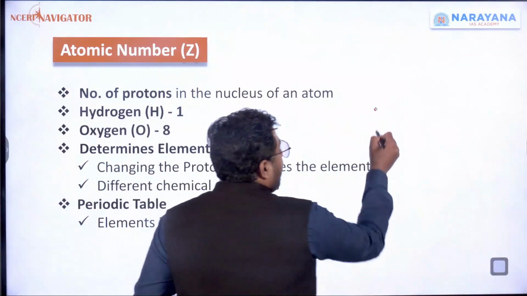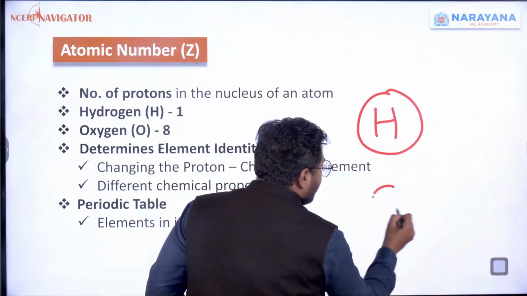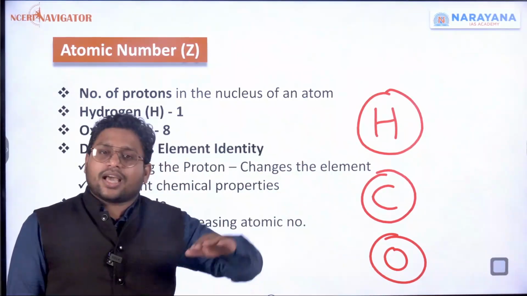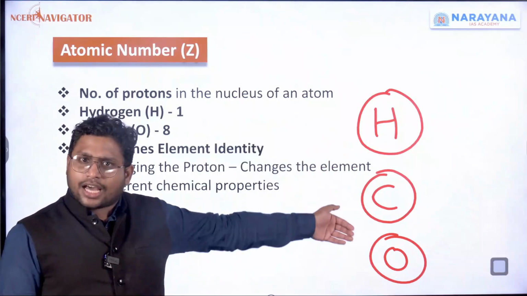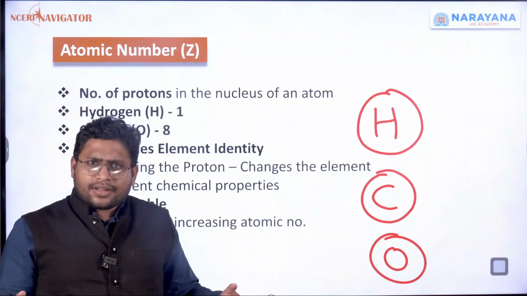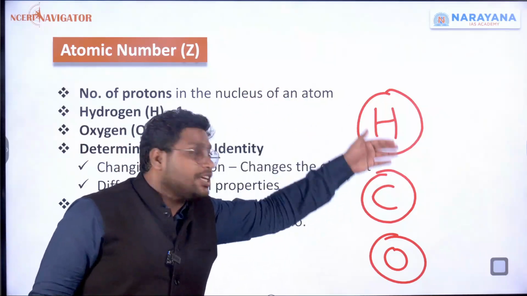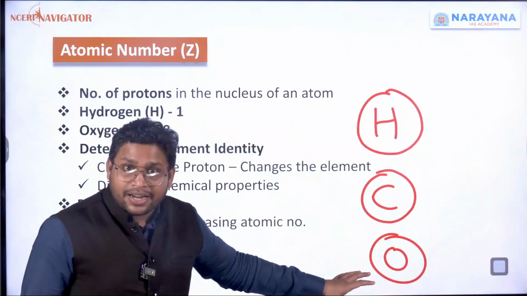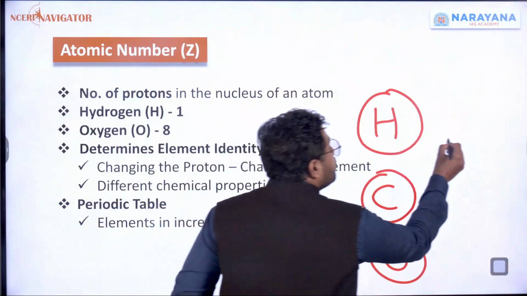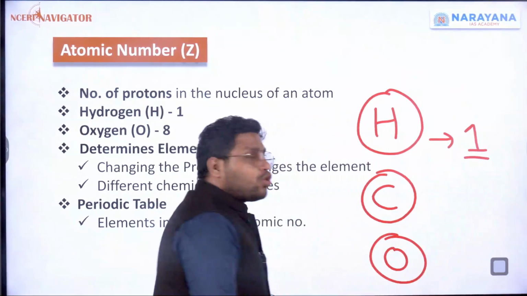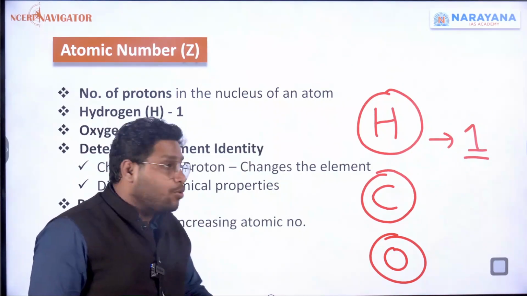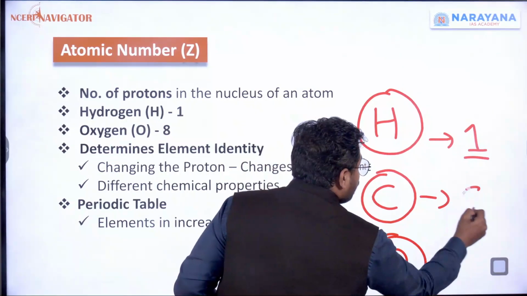So if you're looking at hydrogen, carbon, and oxygen, you're saying all three are different. Hydrogen is a gas, carbon is a gas, oxygen is a gas. But how are they different? They are different because in each atom of these elements, the number of protons is different. In hydrogen, you will find just one proton. In carbon you will find 6.